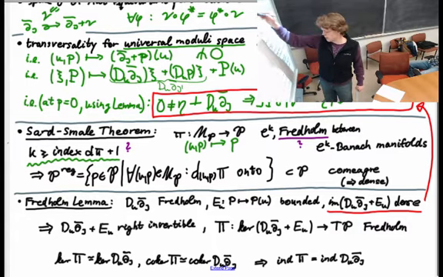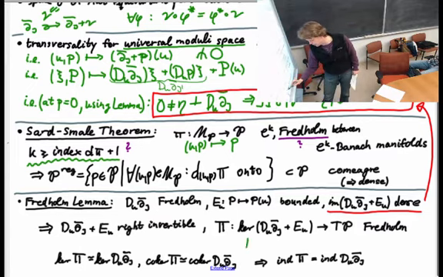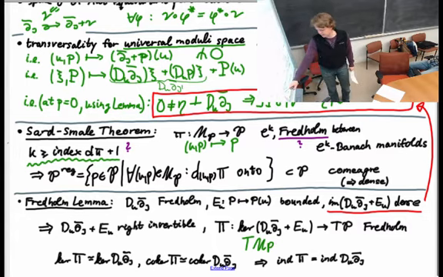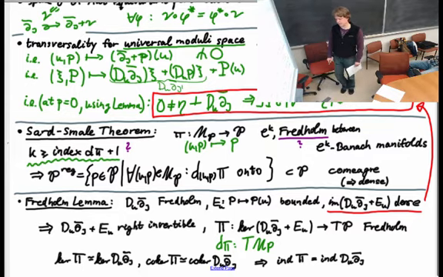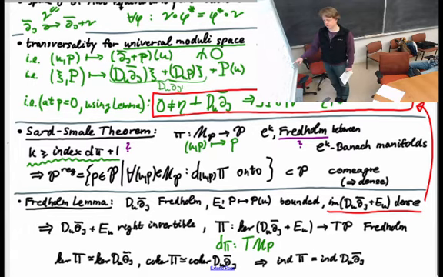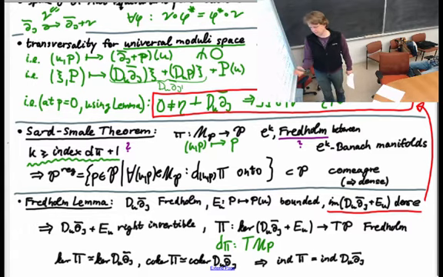So that means this kernel here is nothing but the tangent space to the universal moduli space. And this capital Pi here is nothing else but the linearization of my little pi. So the Fredholm lemma tells us that that is Fredholm. And that's exactly what I mean when I say that some nonlinear map is Fredholm: I'm saying all its linearizations are Fredholm. So we're good here.